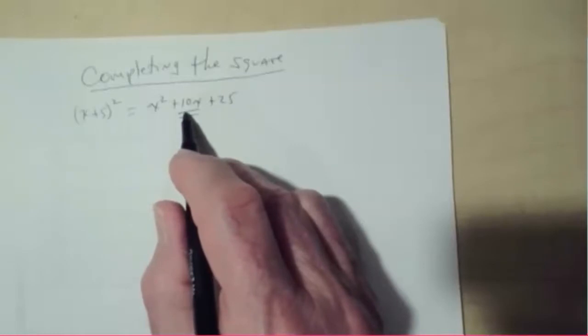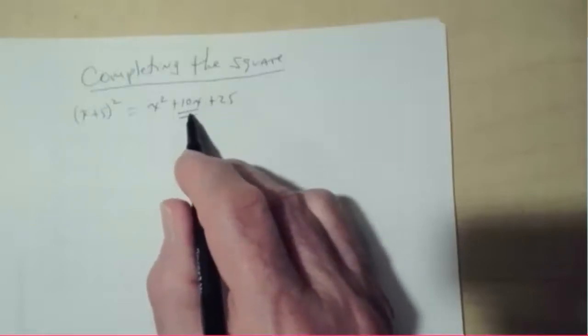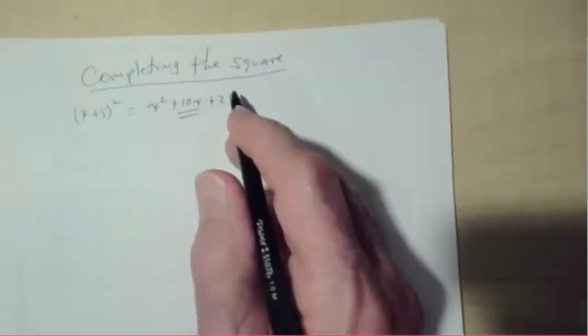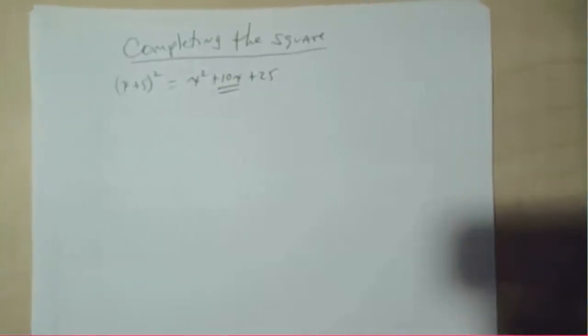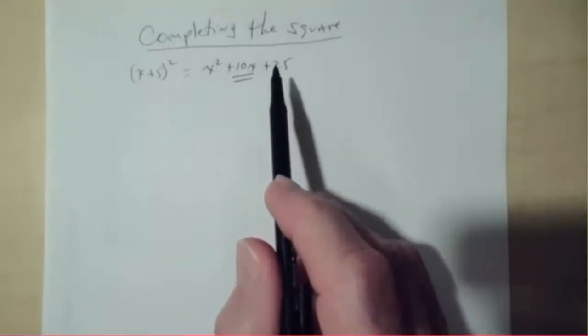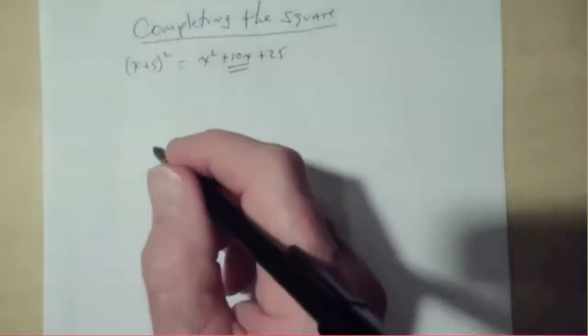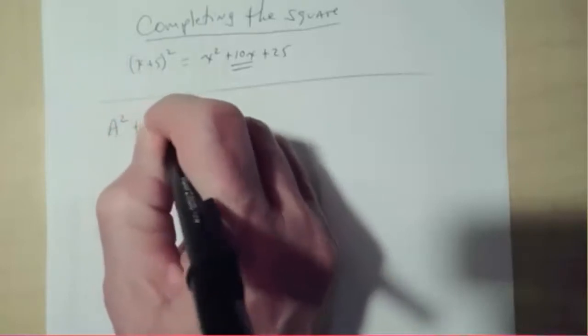Okay? This is a perfect square. Now, if you take half of the linear term, half of 10 is 5, and 5 squared is 25. So half of this squared will give you that. Now remember, when we solved quadratics before, we always set it equal to 0. Well, this one, we don't do that.